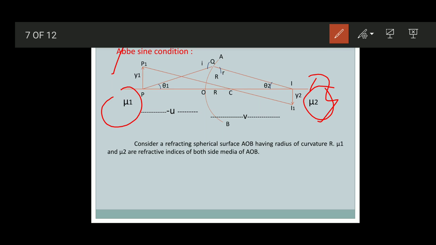The distance of the object from the center is taken as minus u, because the object is towards the negative x-axis.